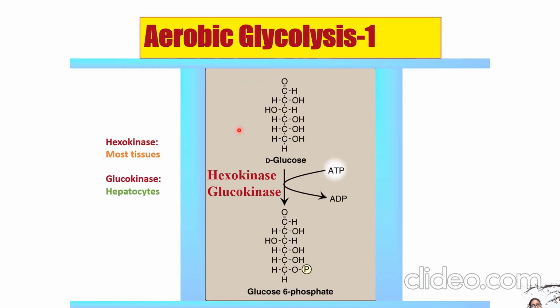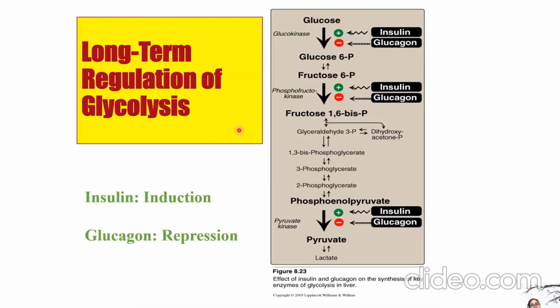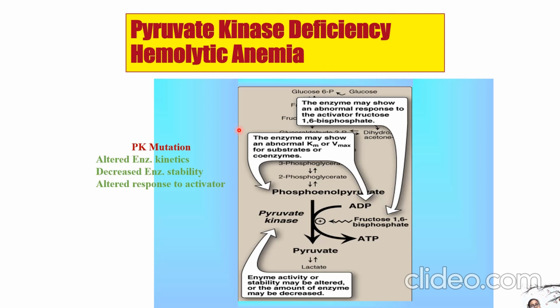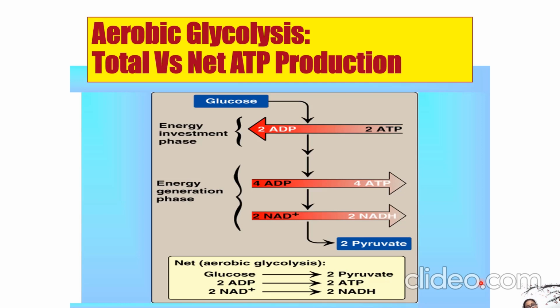This step also consumes ATP. So 2 ATPs were consumed. That is why the net ATP production will be 8, because 10 minus 2 is 8. So that is the total versus net ATP production.